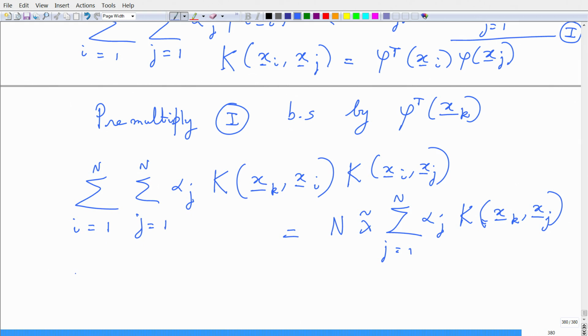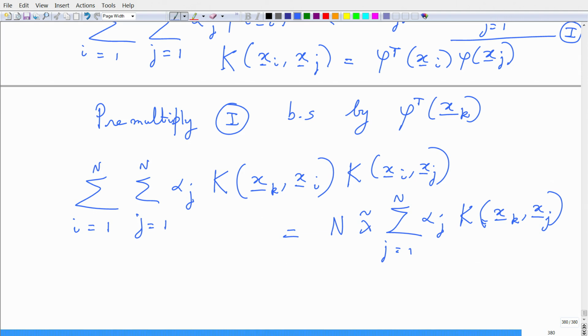Now this kernel matrix can be computed for all possible pairs of points xi, xj where i and j go from 1 to n. By computing the kernel matrix, or the gram matrix, I can pull the elements that I need in this computation, and the n by 1 vector alpha has a jth element which is alpha j.